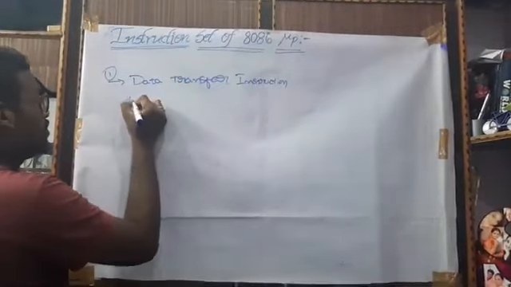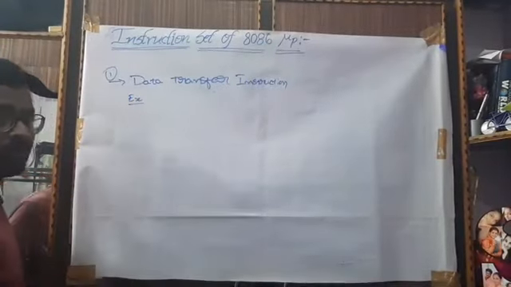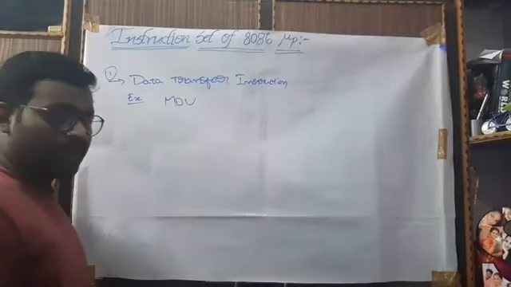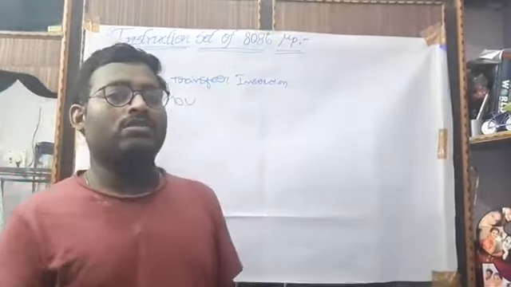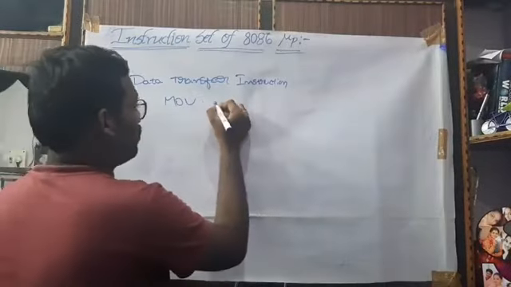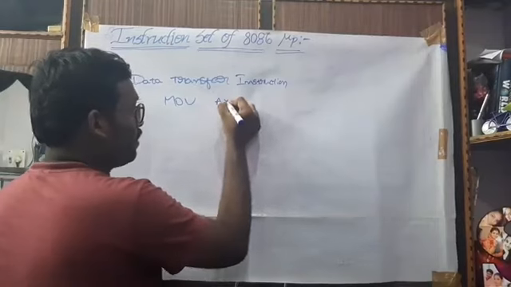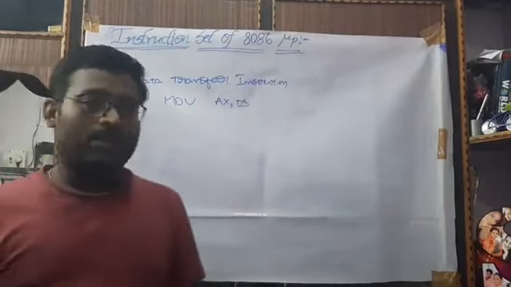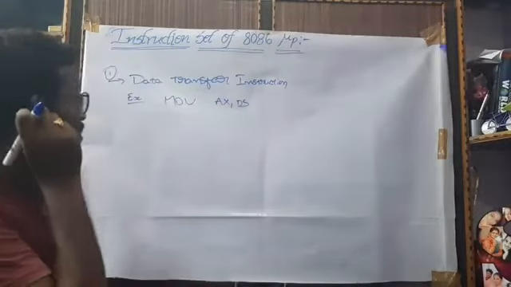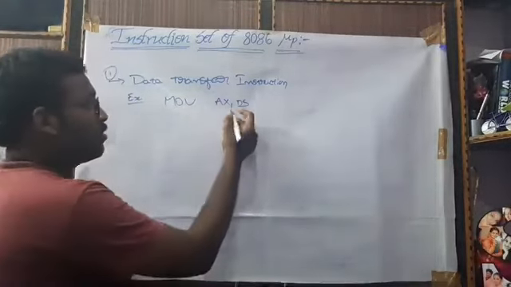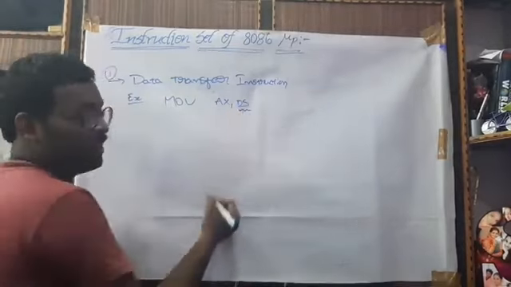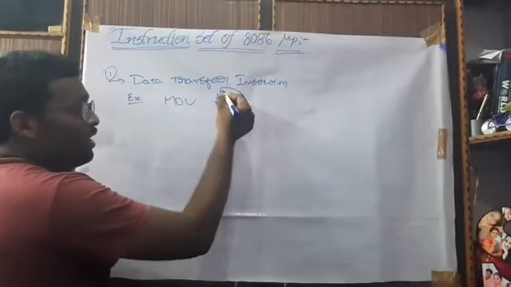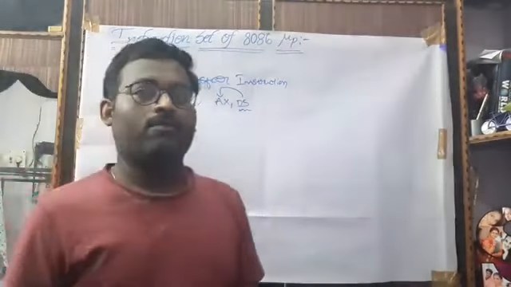For example, our first data transfer instruction we are discussing here is MOV. Move means moving the data from one register to another register. Suppose MOV AX, DS. This is the instruction which tells the processor that the contents of the DS data segment register has to be stored in the AX register.